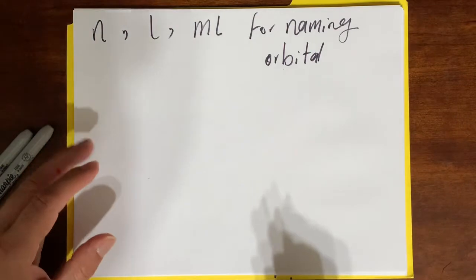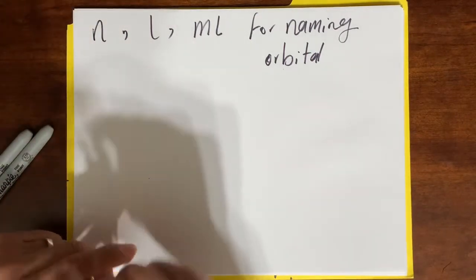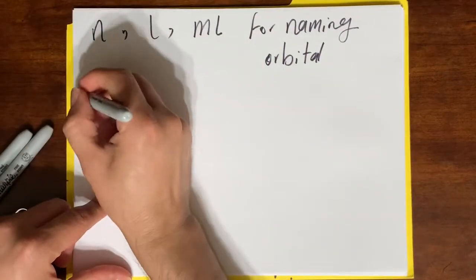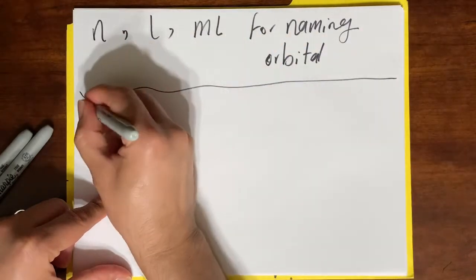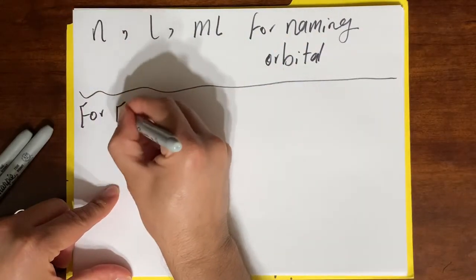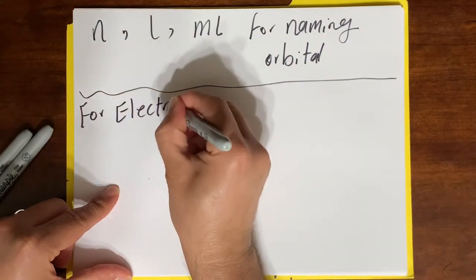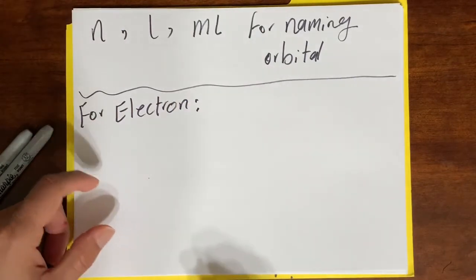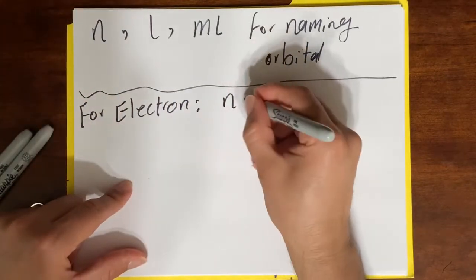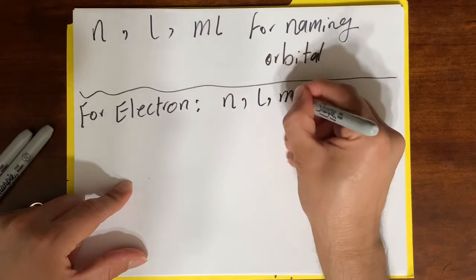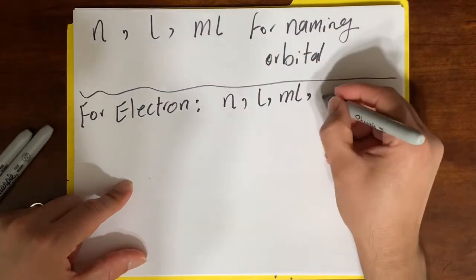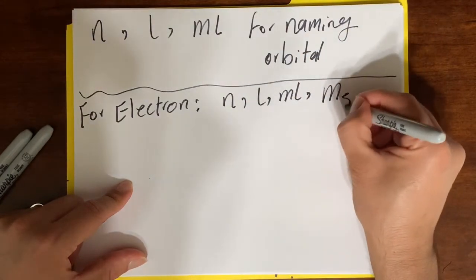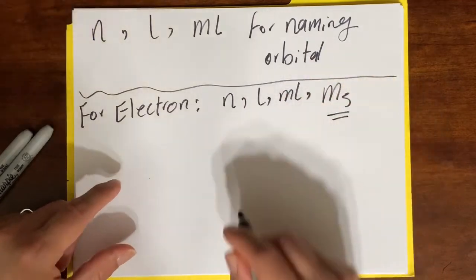When it comes to electrons, you need to have 4 quantum numbers. We go with n, l, ml, and the new one is going to be ms, or spin of electron.